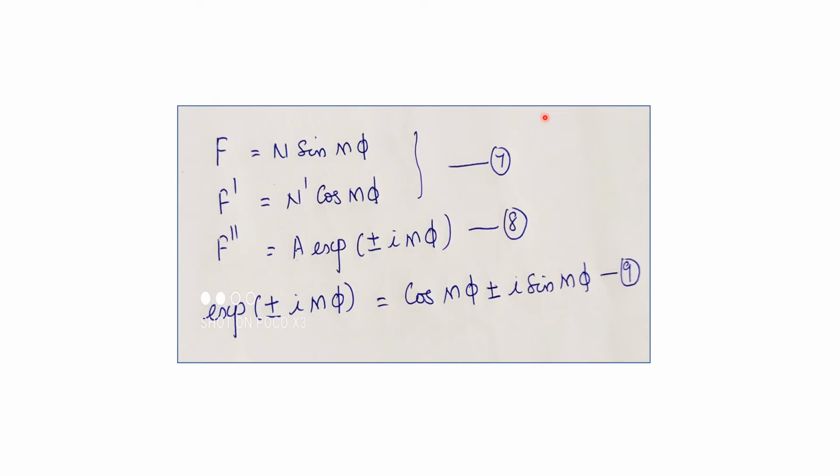Equations 7 and 8 are equivalent in view of the theorem exponential plus or minus i m phi equal to cos m phi plus or minus i sin m phi. That is given equation number 9.